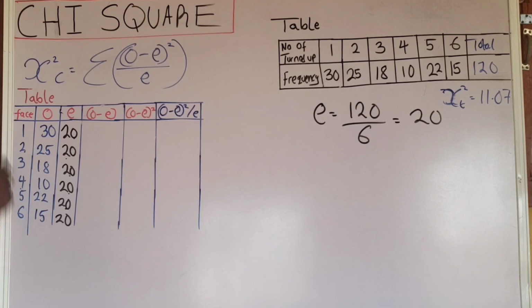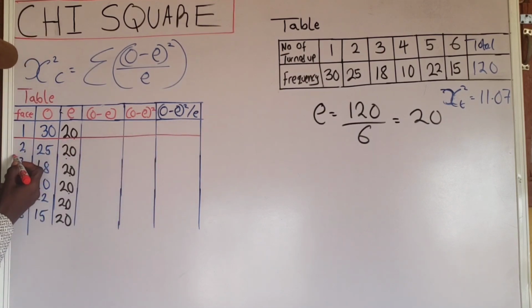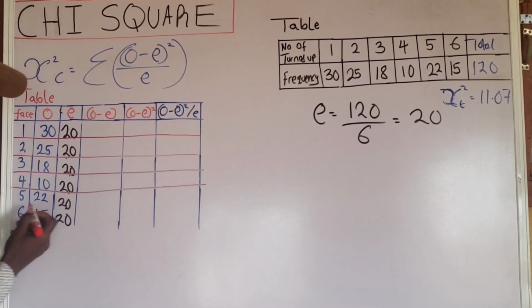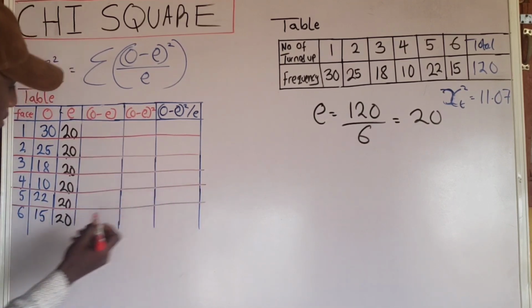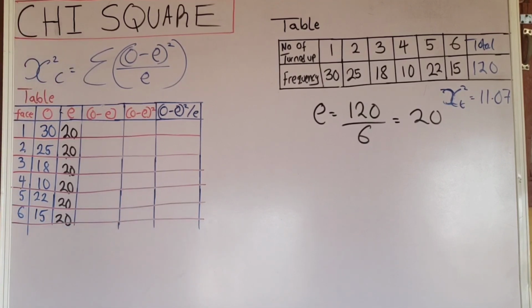Now, let's take the differences. Okay, let's remove this so that we will not get confused. So now observed minus expected.